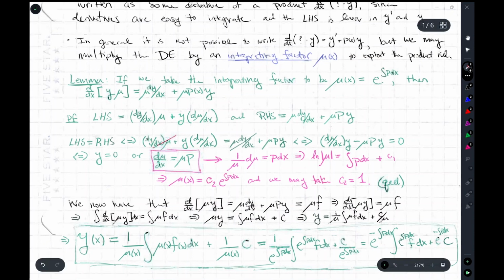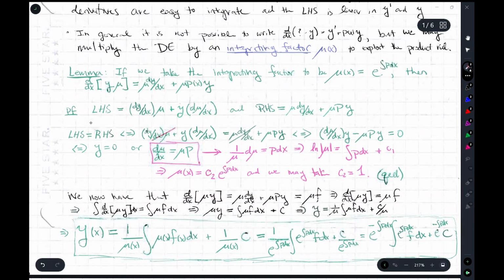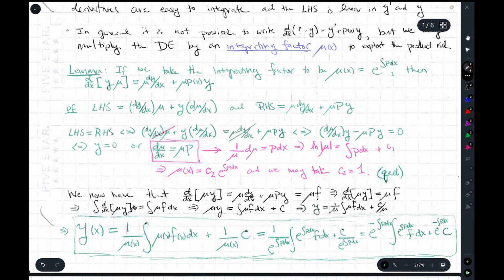We go through a proof here. For the left-hand side, we take the derivative and we get this, which is pretty straightforward. And the right-hand side, we have this over here.